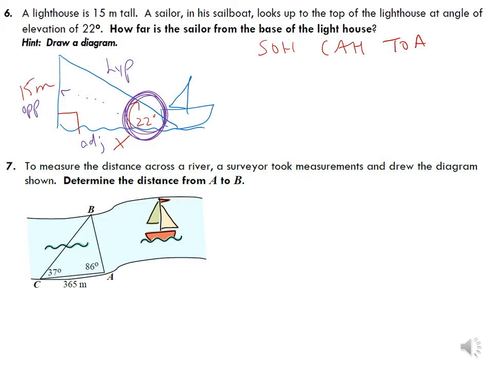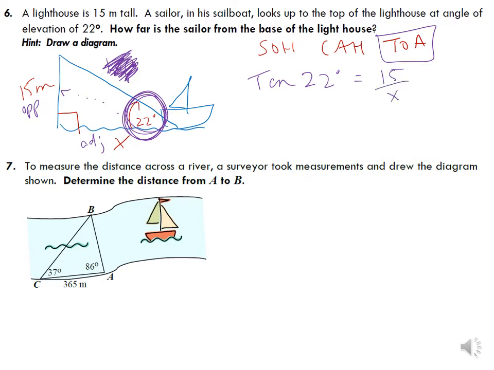Which one gives you no information, so no side, no letter. Hypotenuse gives us nothing. So we have O and A, goes with TOA. T stands for tan of what you circled. Goes in order, O then A, 15 over x.